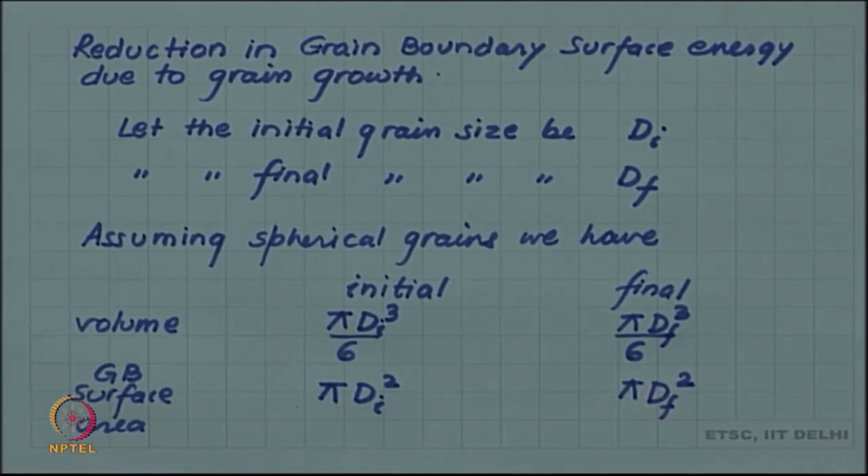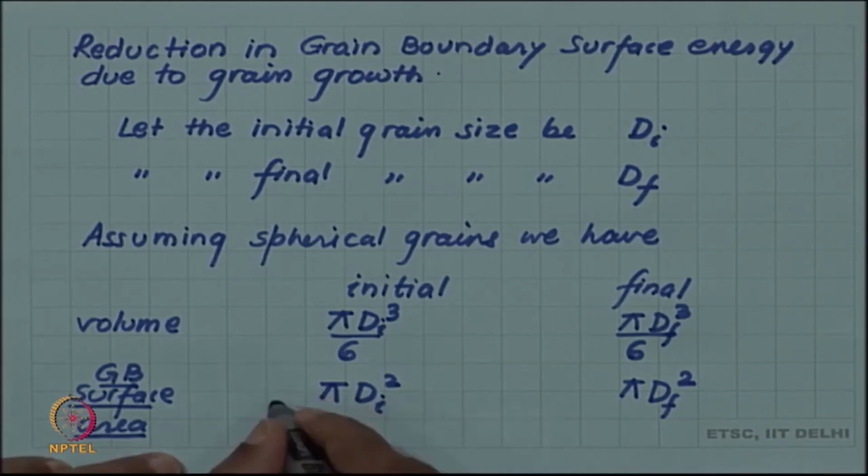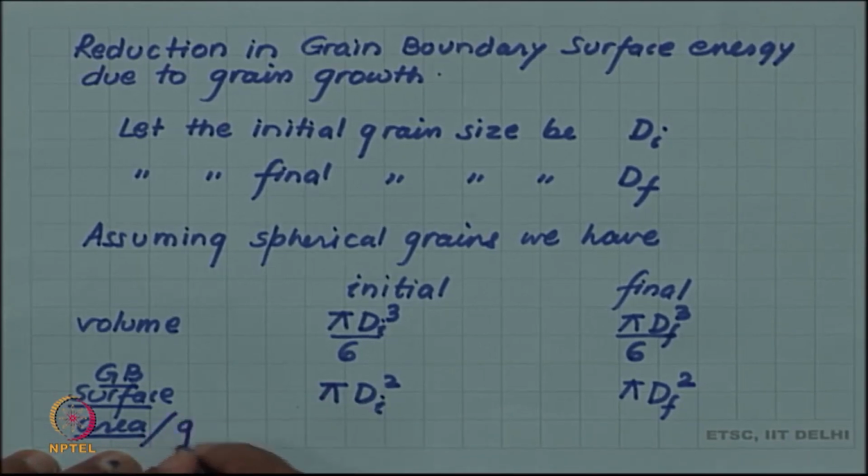But remember that we are talking of grain boundary surface area, and this will be area of one grain, but each grain boundary is being shared by two grains. So, grain boundary surface area per grain will be half of this.